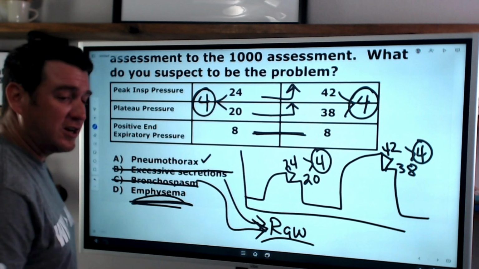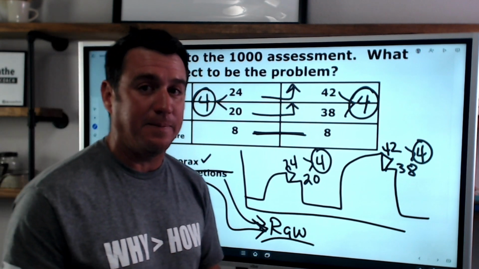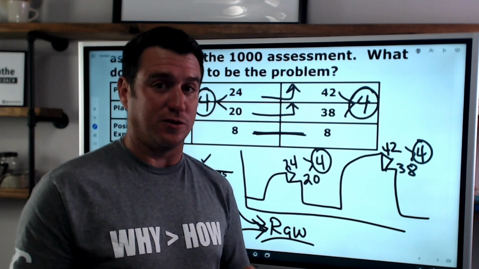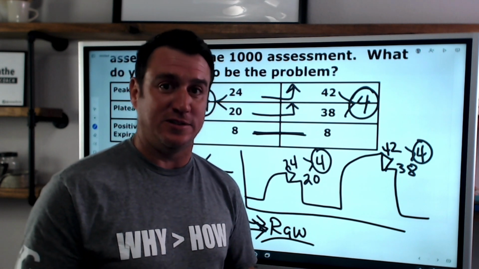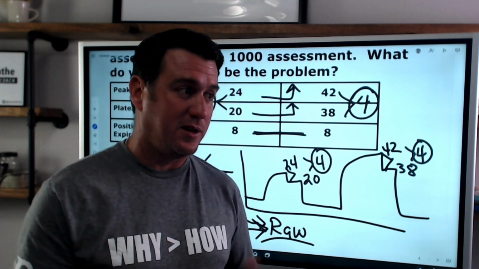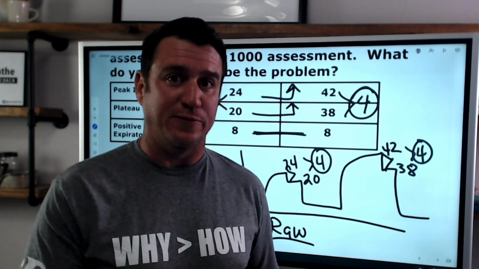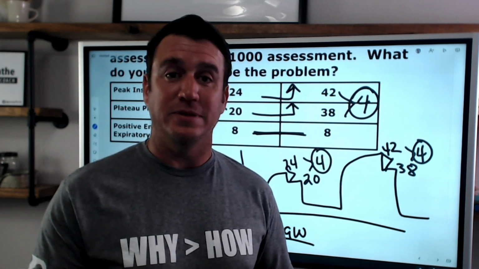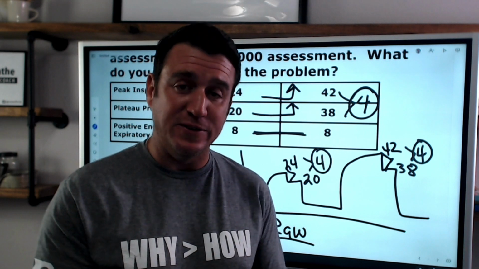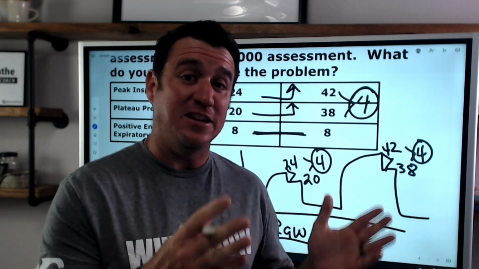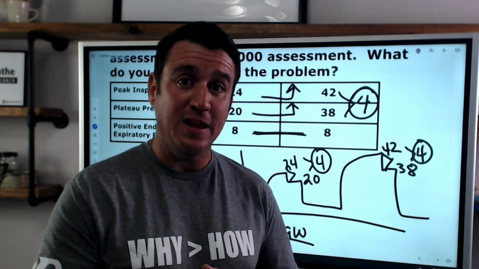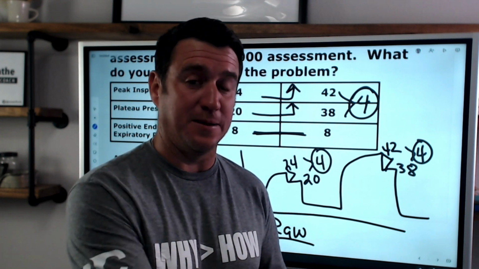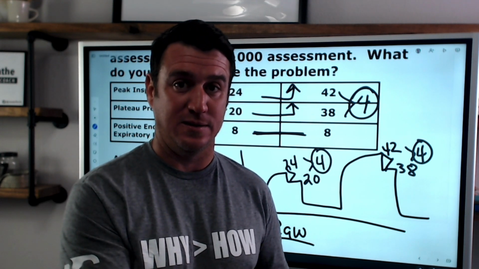Emphysema. Now, you're going to see this answer, emphysema, a lot. And you're going to think, well, it just seems like this is the right answer because they're going to test me a lot over emphysema. But not always. Emphysema is actually an increased compliance and has a component of airway resistance.